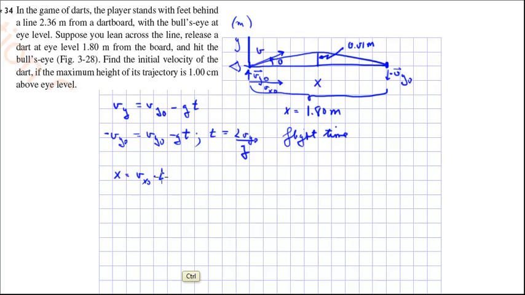So I can plug in the t that I have up here and conclude that x is equal to 2 Vx naught Vy naught over g. That's the range. That's how far the dart goes, according to what my Vx naught and Vy naught are.